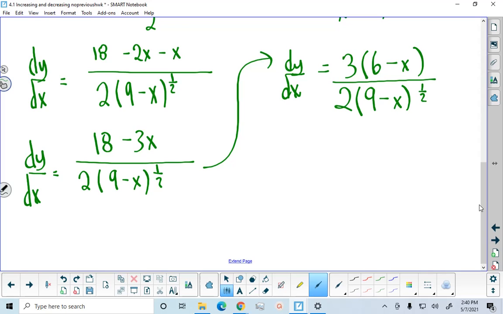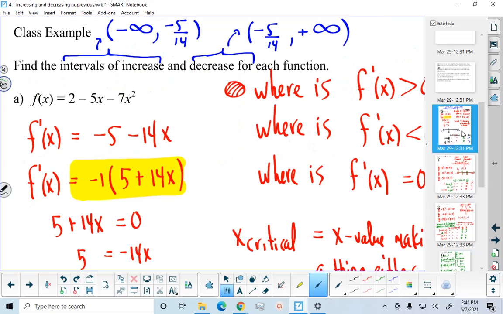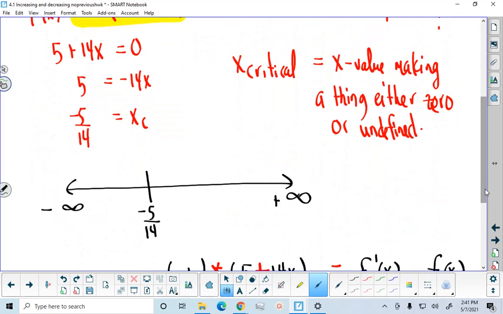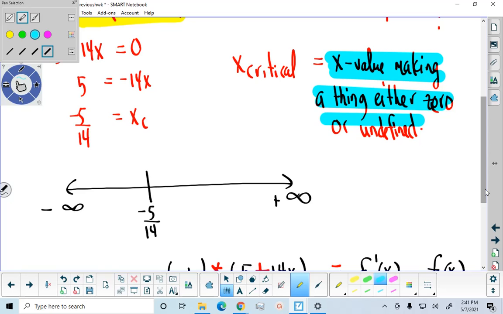So now, what are the critical values of x? Well, 6 and 9. And this is why, everybody, in our very first example today, I said the critical values of x are the values that make something either 0 or undefined.